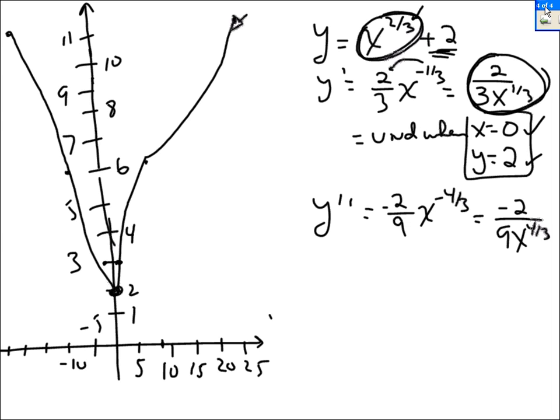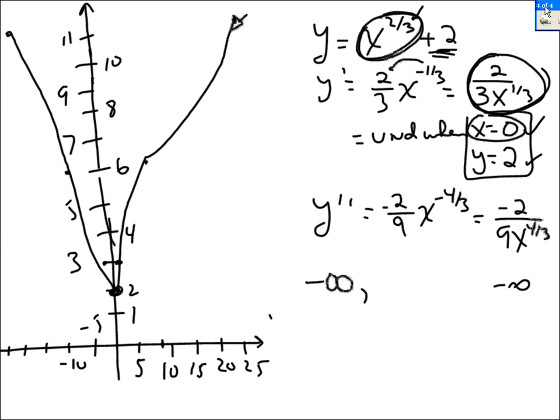So the only value that came up was 0. So we look at the intervals from negative infinity to positive infinity, except we stop at the x values that made either the first or second derivative 0, and made the first derivative undefined.